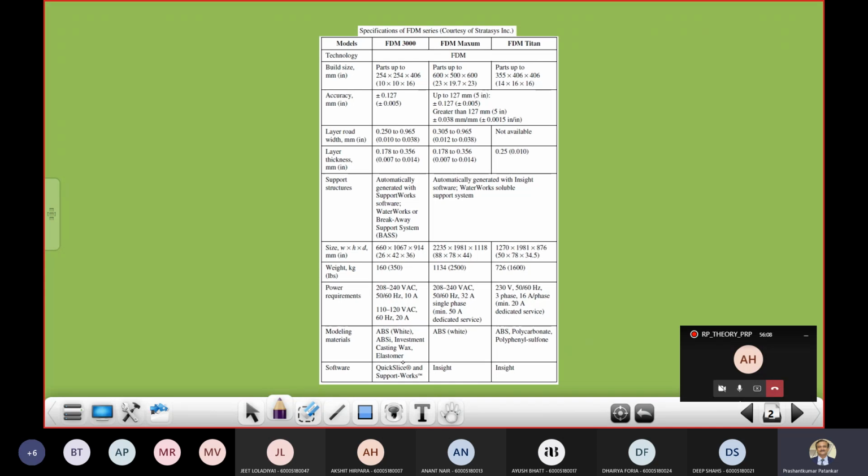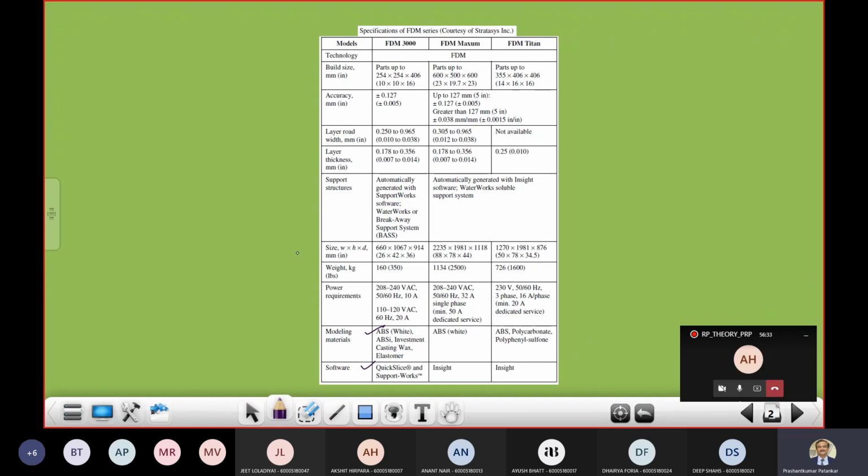Okay. Here also you can see, this is what I was talking about, that QuickSlice, then the material which was your ABS. I have already discussed this particular thing with you. I talked about this material, I talked about the software. There is one more software which is called Insight, but the most widely popular software is your QuickSlice only.